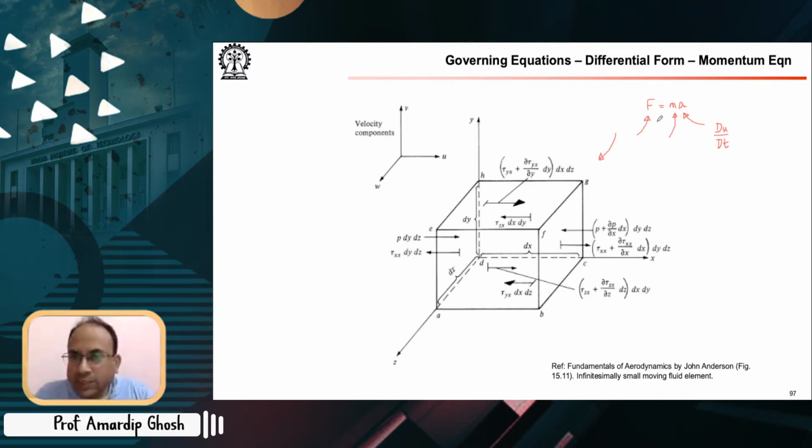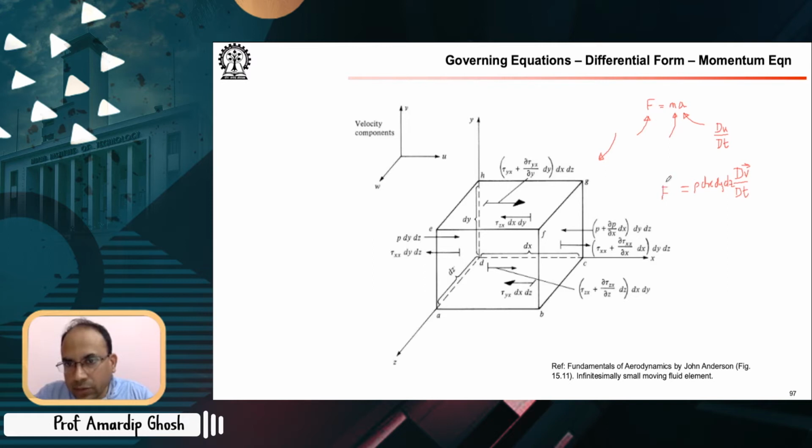So in the vector sense, you can still write F vector is equal to m times a vector, which is the material derivative of the overall velocity vector. But then your mass would be rho times dx dy dz, and your acceleration will be this, and that will be the net force.